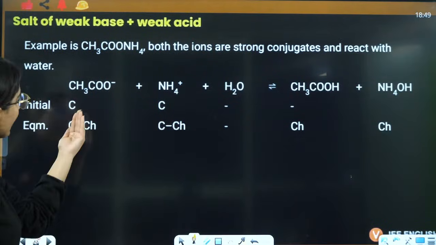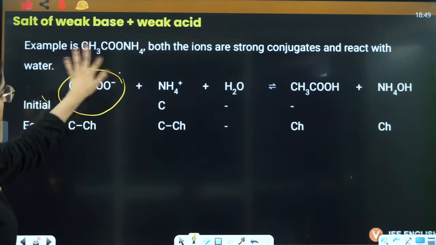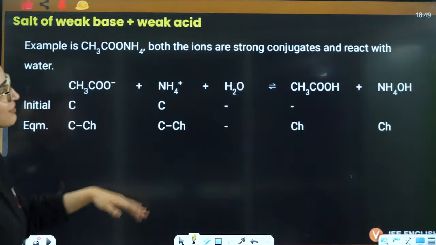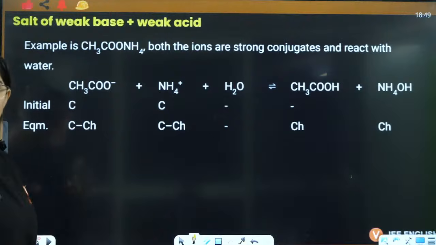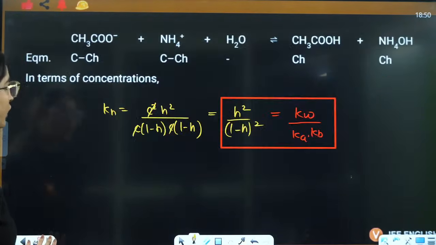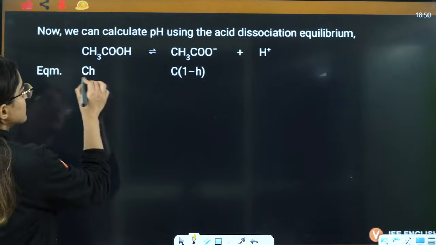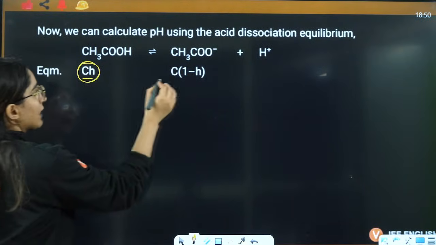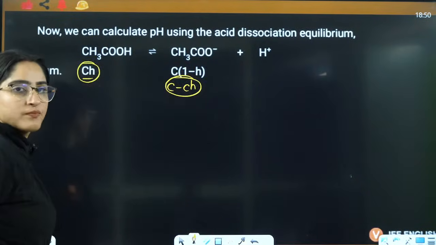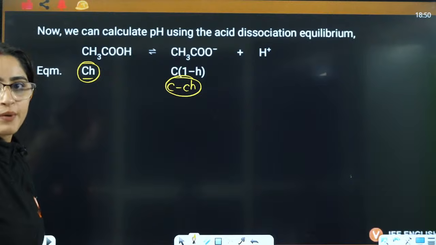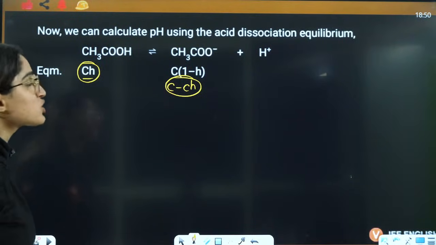Now it is again being dissociated into CH3COO negative. So what you will write here is CH, and this is C minus CH, because from the initial value at equilibrium, this much you have subtracted.